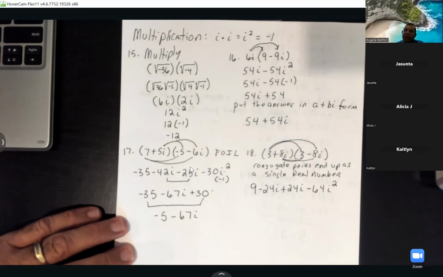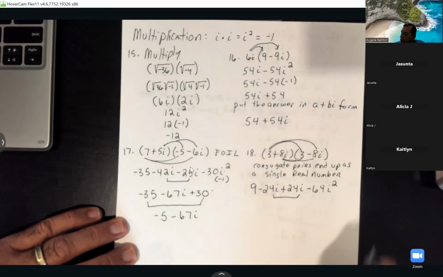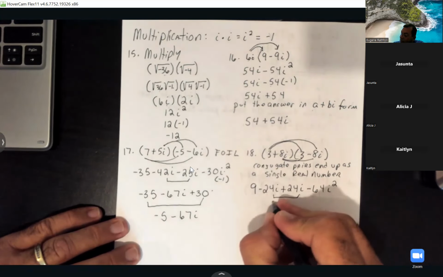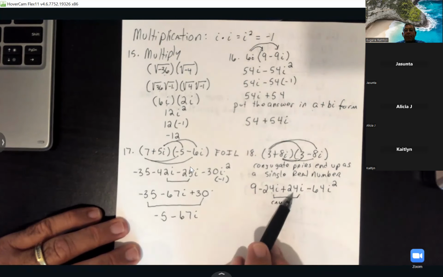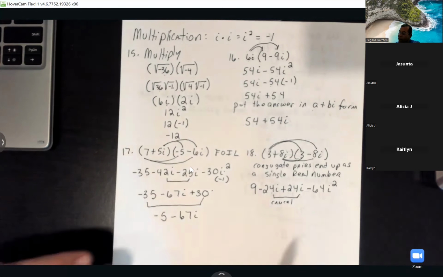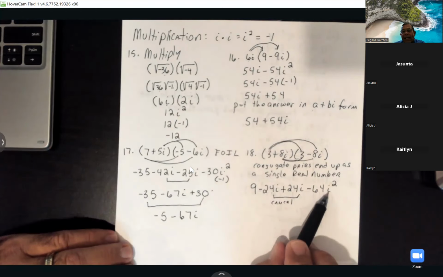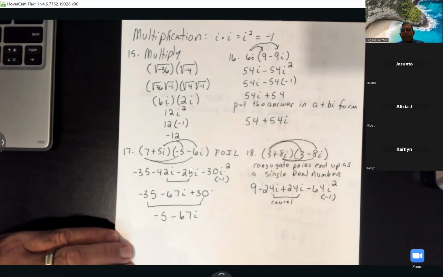So remember, every time we multiply conjugates in this class, these middle two terms are going to cancel. Negative 24i, positive 24i, those cancel and go away. This i squared, remember, equals negative 1.